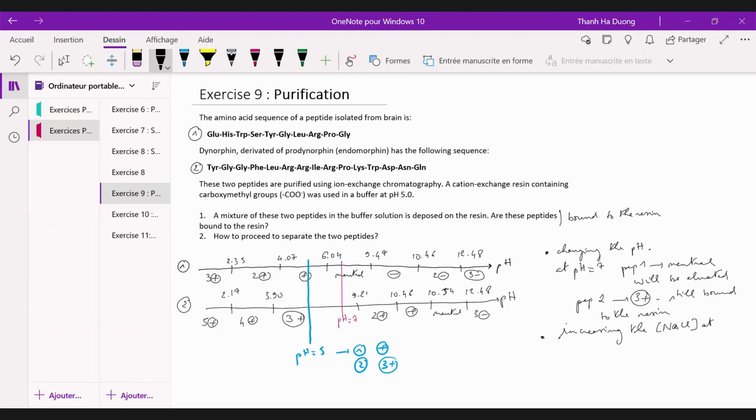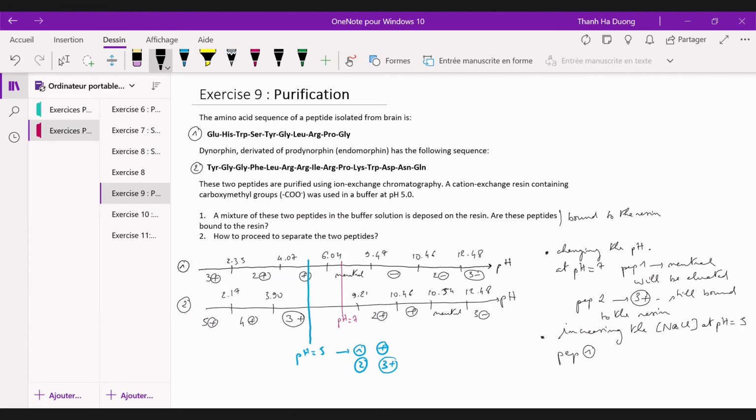We stay at pH 5, for example. Peptide 1, yes, you're right.